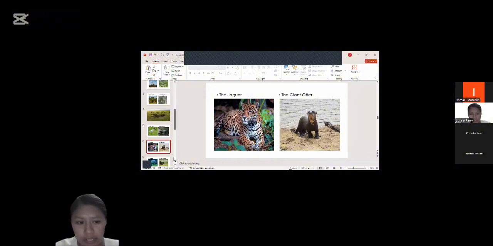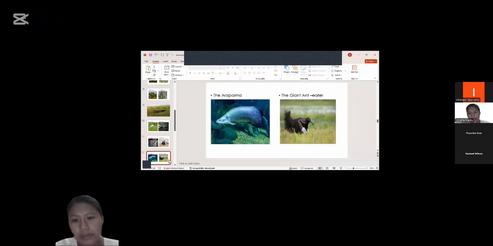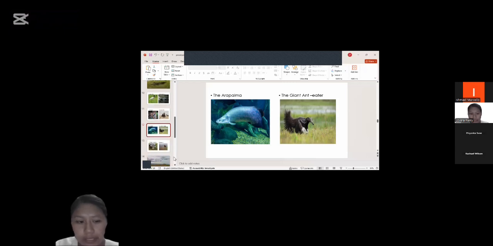We have the giant otter, and the Arapaima, which, as we all know, is the largest freshwater fish, and it is found in the Rupununi River, right? Then we have the giant anteater roaming the vast grasslands of the interior savanna.